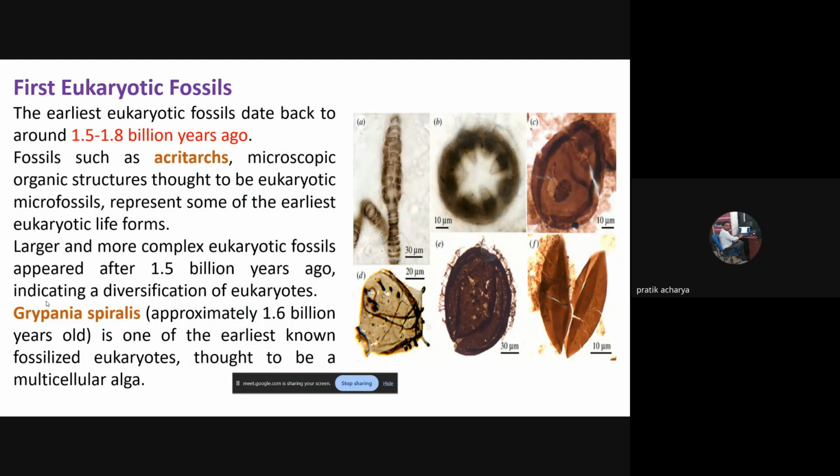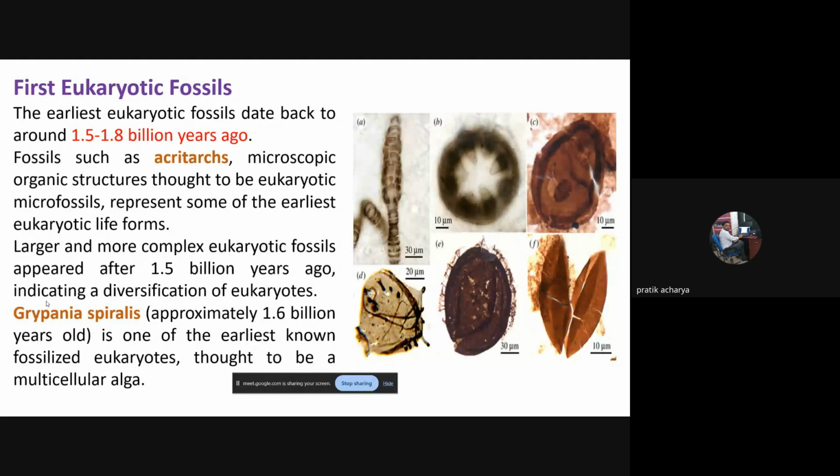Then come to the first eukaryotic cell: which was considered as the first eukaryotic cell, and how, when, where it was derived or originated. The earliest eukaryotic fossils were found around 1.5 to 1.8 billion years ago.